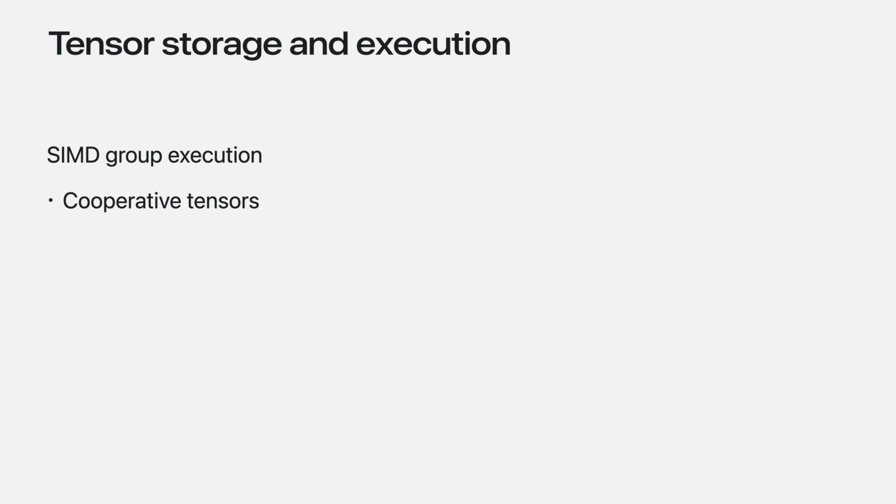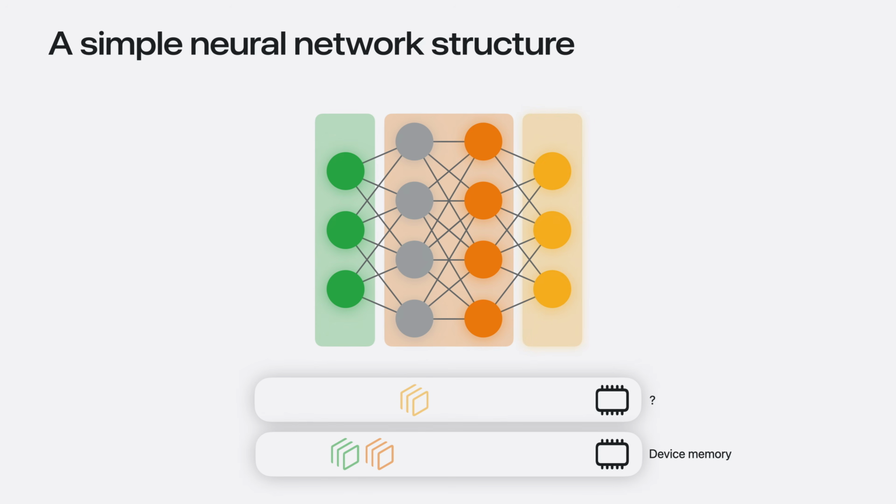This execution mode will also give you access to cooperative tensors. Cooperative tensor storage is distributed among multiple threads in the thread group, avoiding expensive round trip to main memory. By using a cooperative tensor as an output of your first multiplication, the result will stay in fast thread storage memory. Then you can apply your activation function in place.